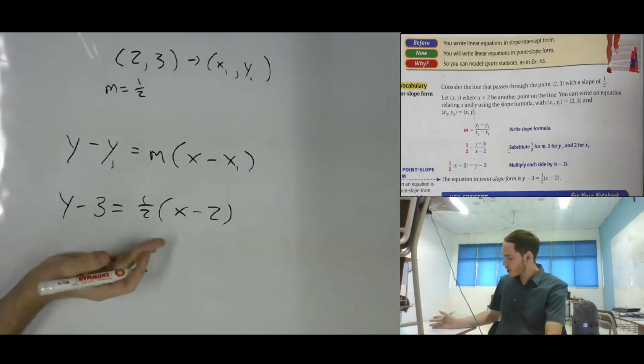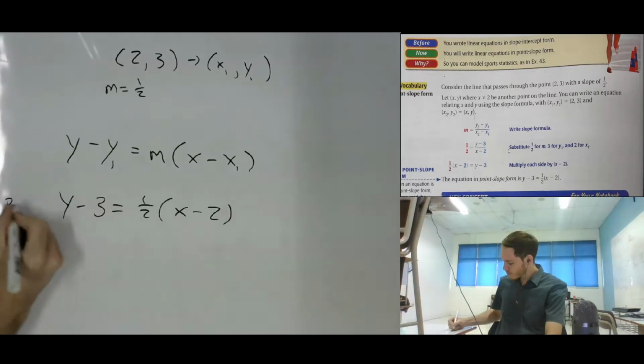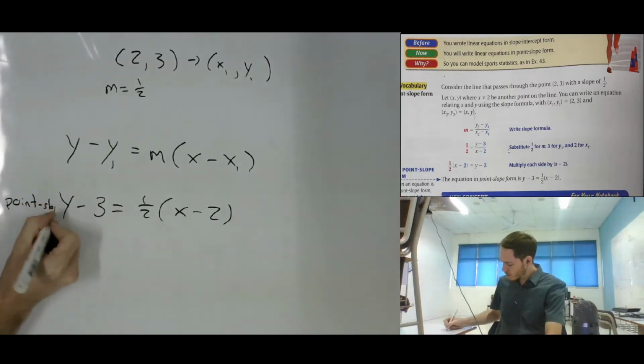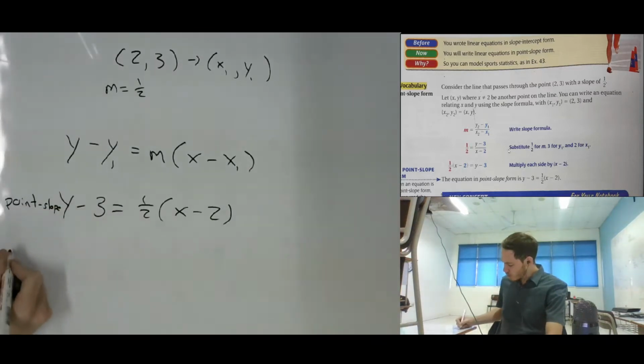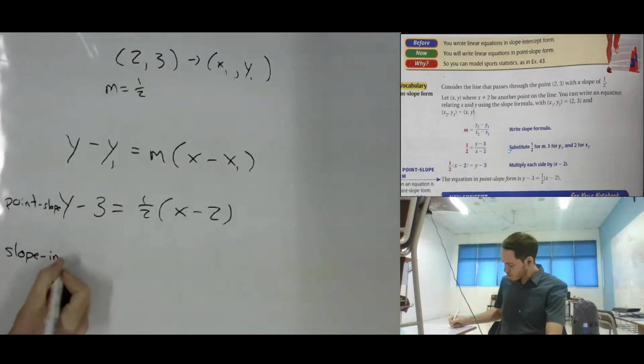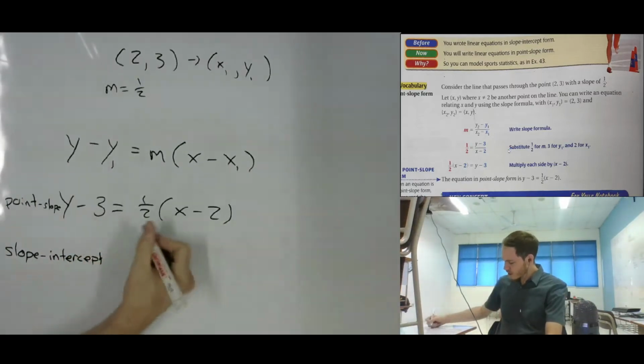Now, this is point slope, and we would be done, okay? What if you were trying to find slope intercept? Good question. You would actually just solve this out.